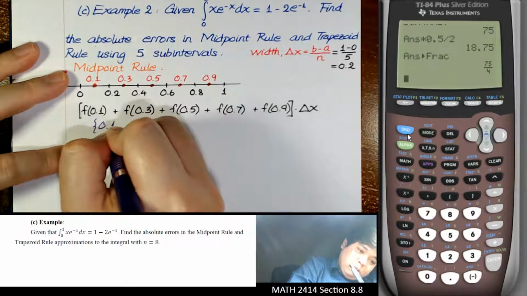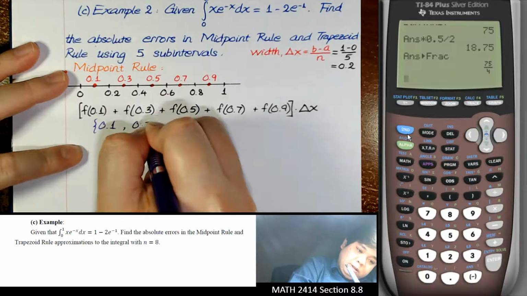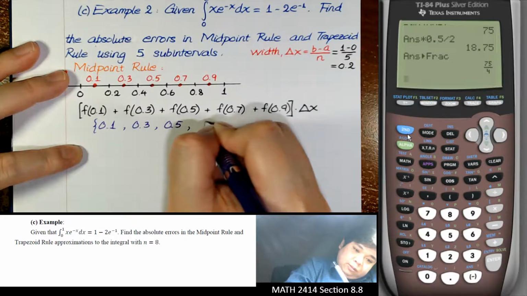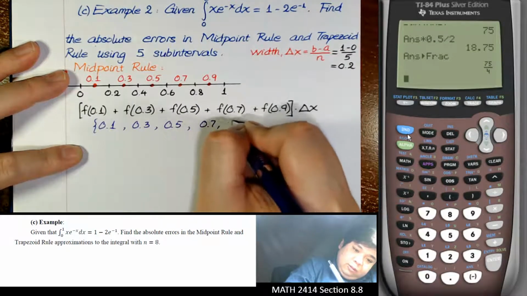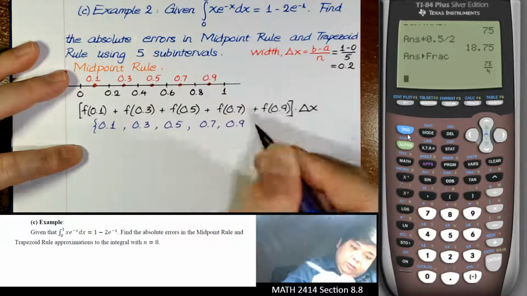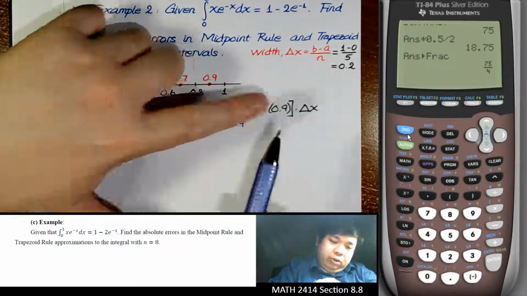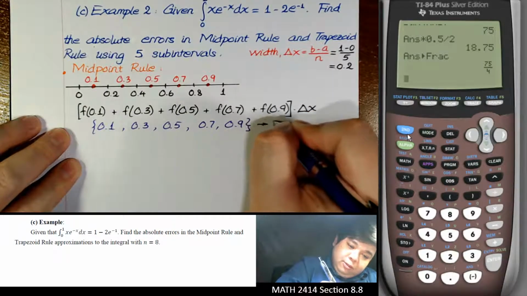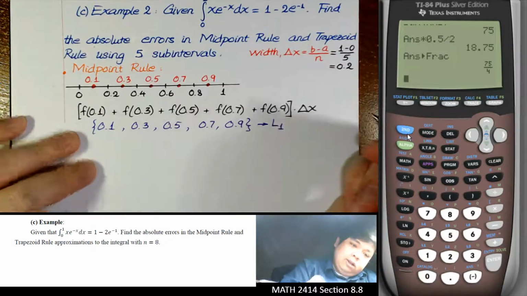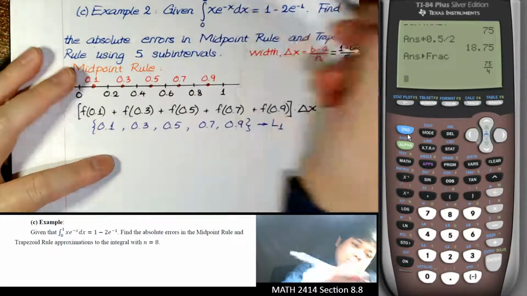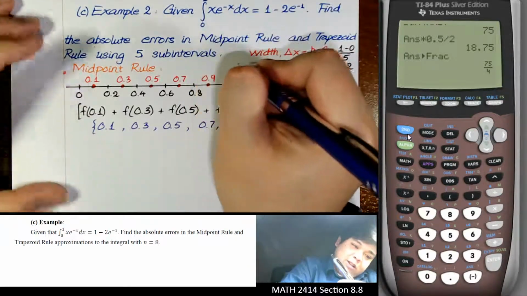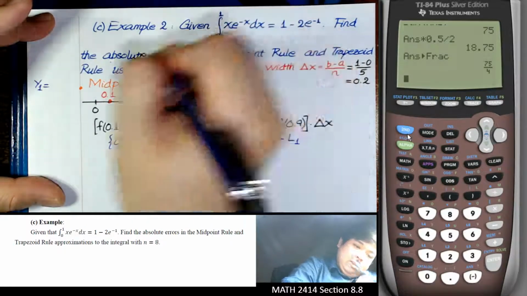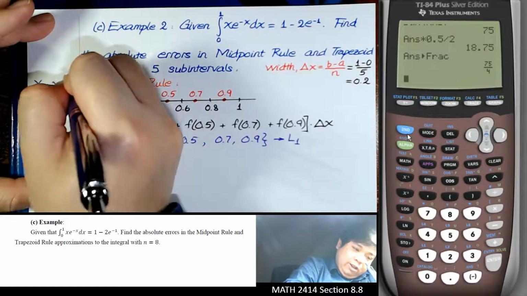First, enter the points. One, two, three, four, five. And then of course y1 is the function x e to negative x.